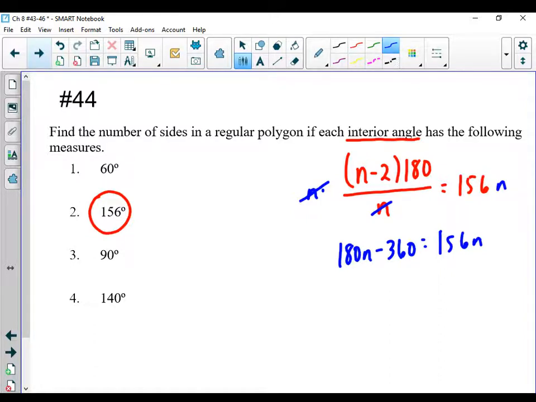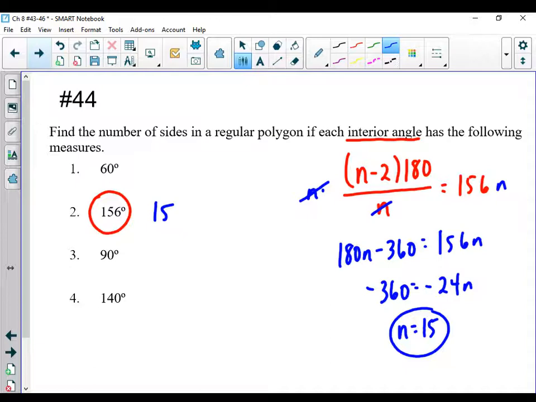If I subtract the 180n from that other side, I get negative 24n. And I'm going to take negative 360 divided by negative 24, and I find out that it had 15 sides.